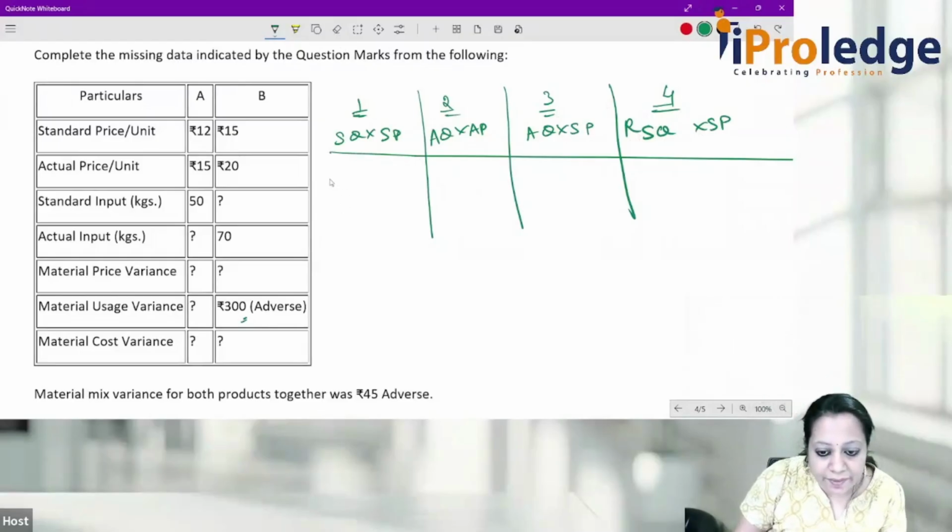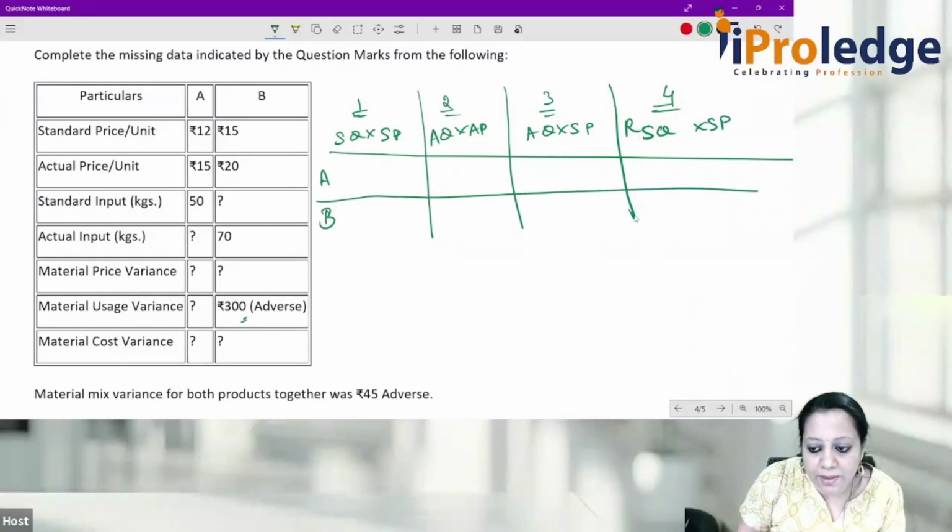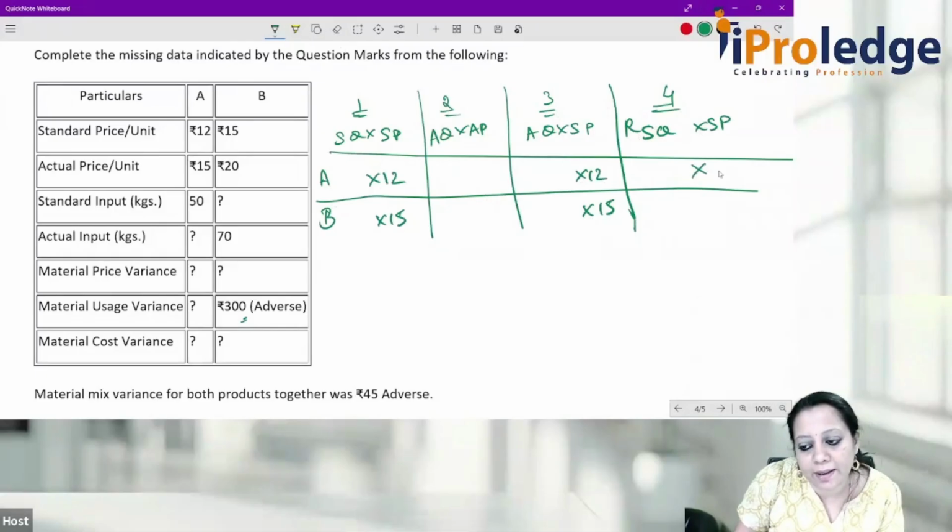Now, we have two materials, that is A and B. Let us substitute whatever we know. SP, we know it is 15, 12 and 15. I'm substituting wherever SP is there.